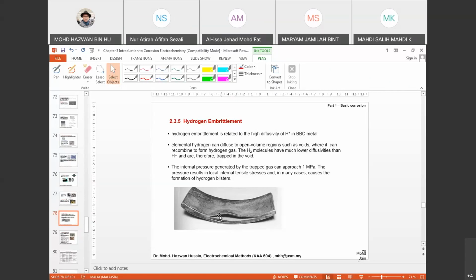Even though it is just hydrogen gas inside the wall, it can develop a very high pressure, which can be dangerous because you have compressed gas inside the wall. This can be dangerous or trigger corrosion.